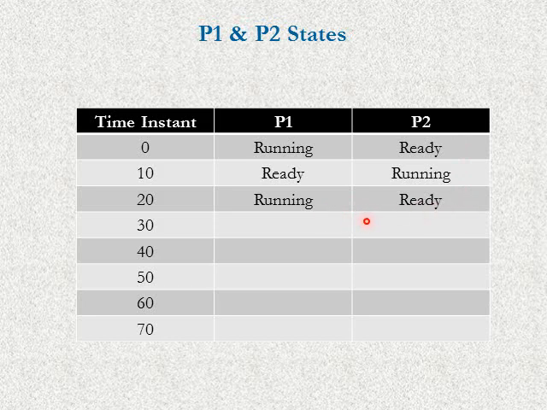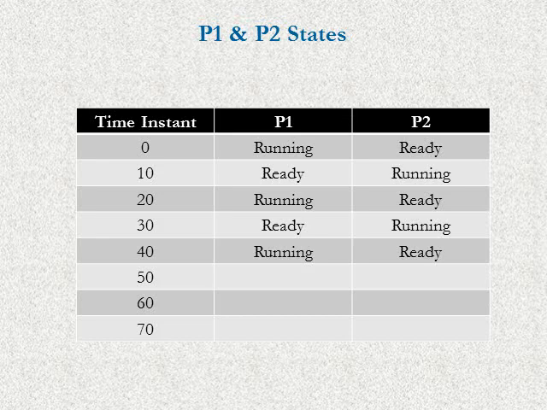The CPU will keep on switching between both of these processes after the 10 seconds time slice defined for this example. So for the next 10 seconds, P2 is in the running state while P1 is in the ready state.